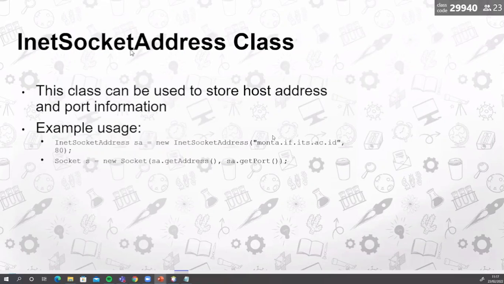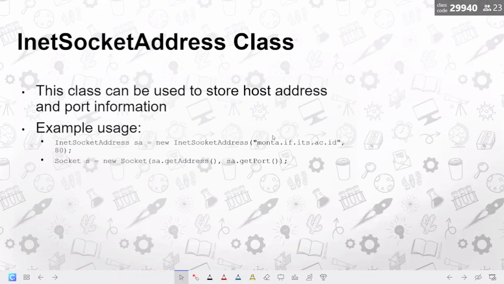And then there's another class that you may need to know. There's something called the InetSocketAddress class, or internet socket address class. Basically, this class is just an additional class. It's not really important, but it might be useful if you want to store the information of the IP address and the port of the other machine that you want to connect to.